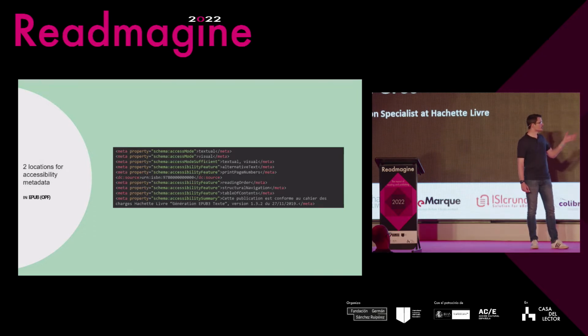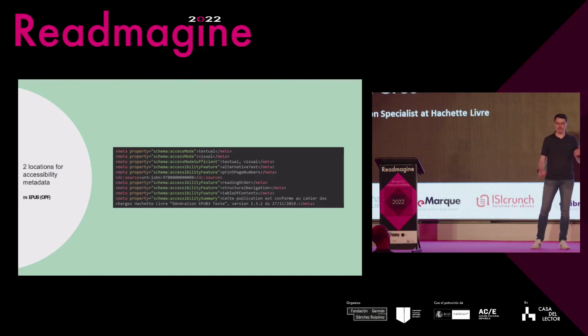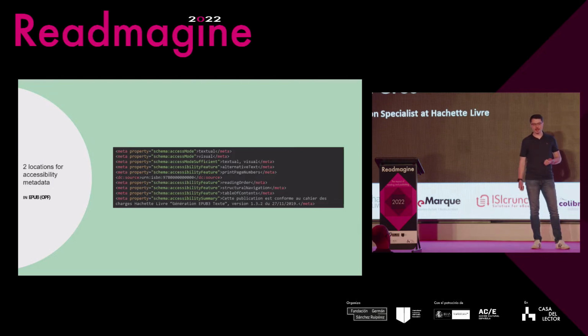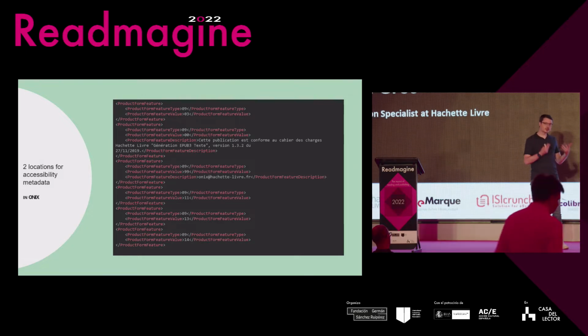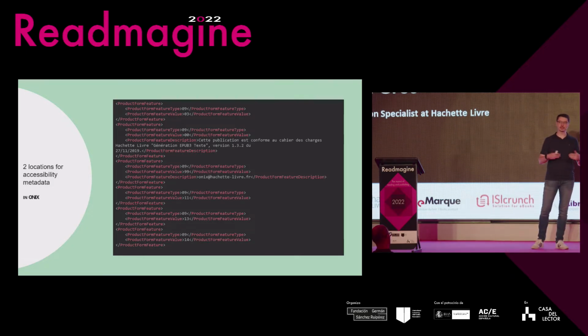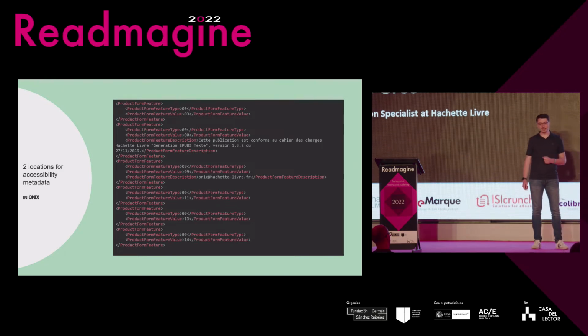So you use schema.org within EPUB to indicate the accessibility features you can have inside your EPUBs. That's the first location. And of course, the second location is in ONIX, and we use ONIX to indicate metadata to stores, so that's an important one. And we will see what we can do within EPUBs and within ONIX.